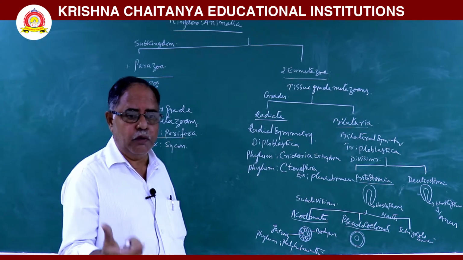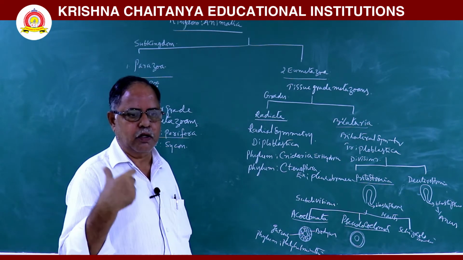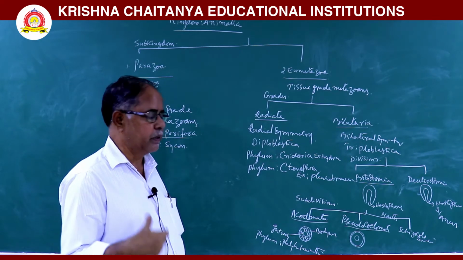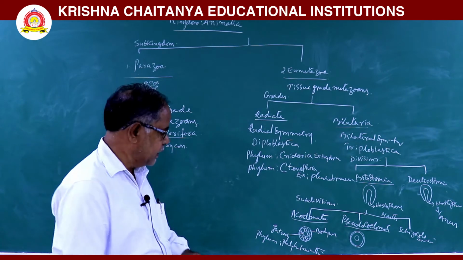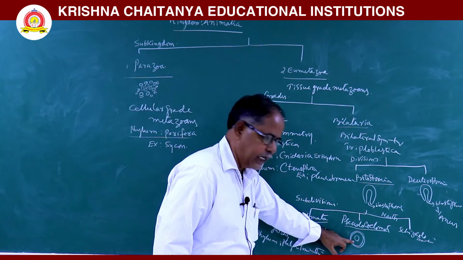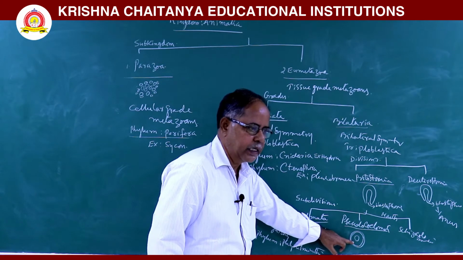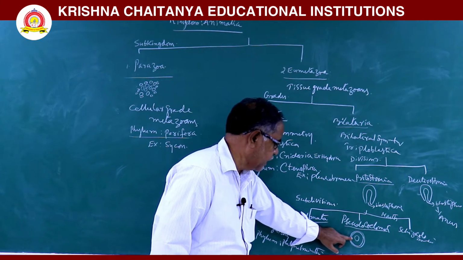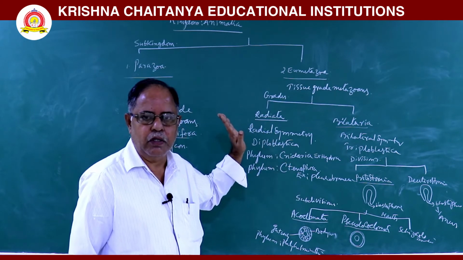True coelom means the space which is present in between two mesoderm layers. That is called a true coelom. But here, a coelom-like structure is there, but this coelom is not surrounded by two mesoderm layers. Only one mesoderm layer is there. This mesoderm layer is present below the body wall. Gut wall is not surrounded by mesoderm.